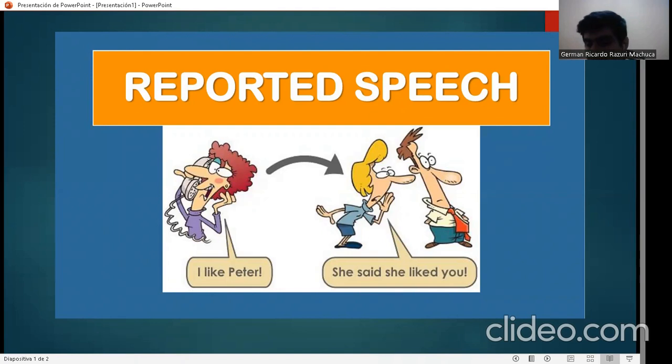Or if you want to repeat an interesting phrase or an interesting part of a conversation, you can use report speech in that case too.